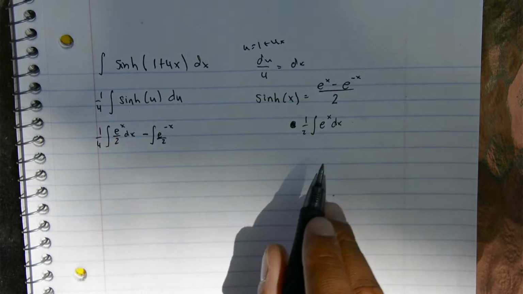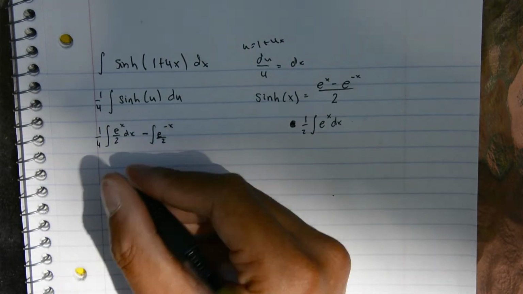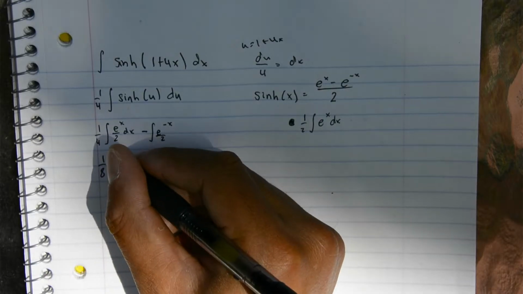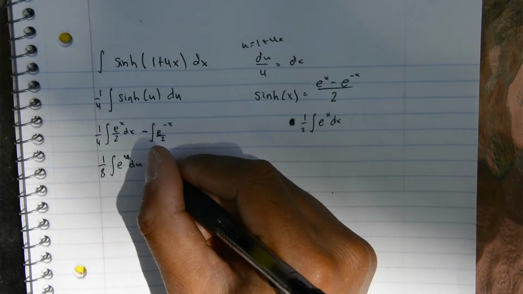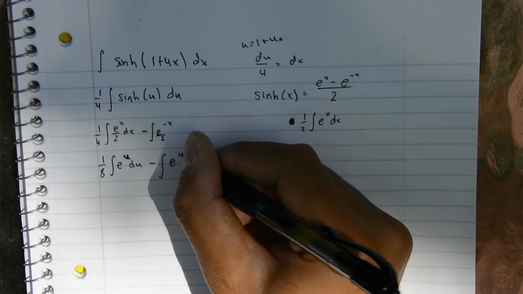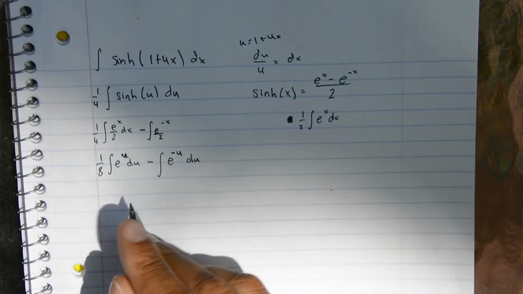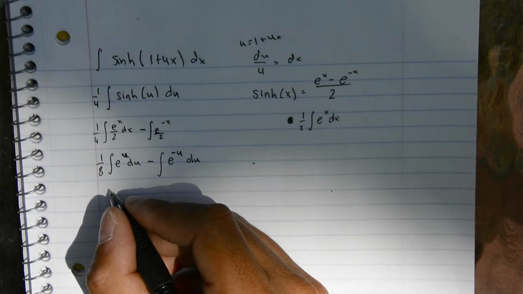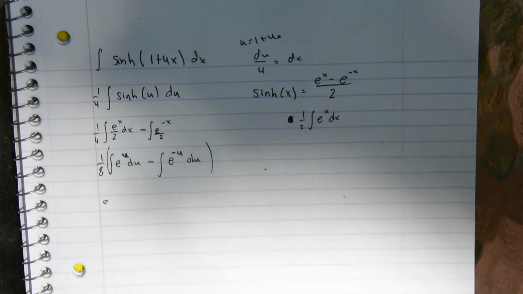We can pull 1/2 out of this whole thing just by rewriting the definition, right? So we get 1/8 integral e to the u du minus integral of e to the minus u du, and this 1/8 is on everything.